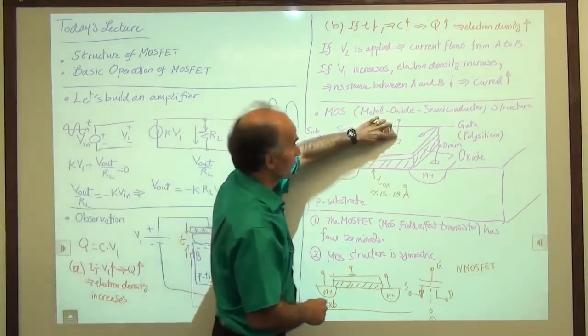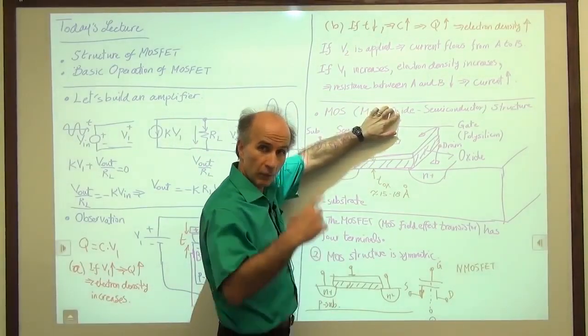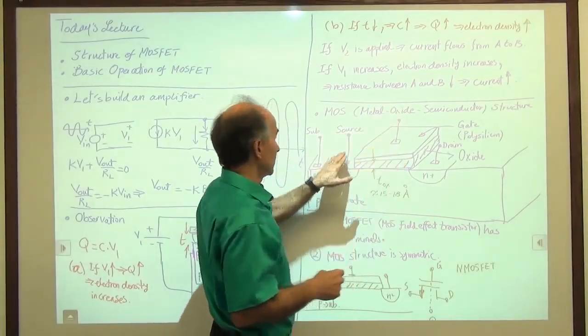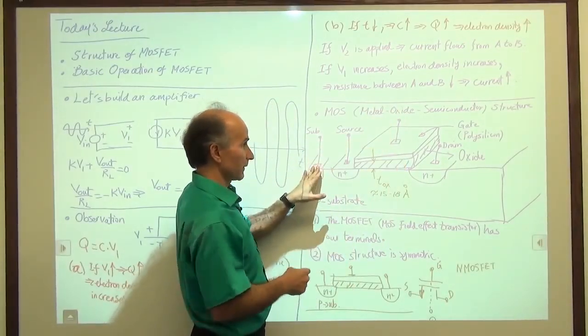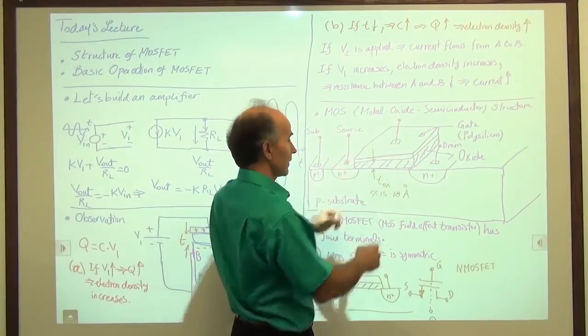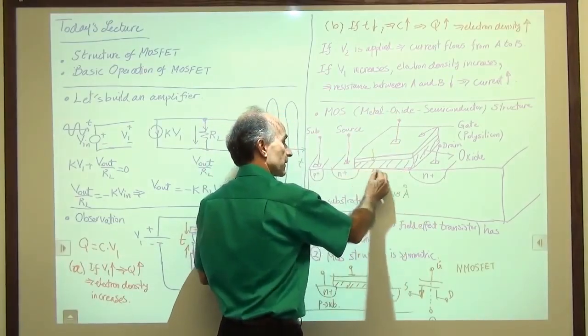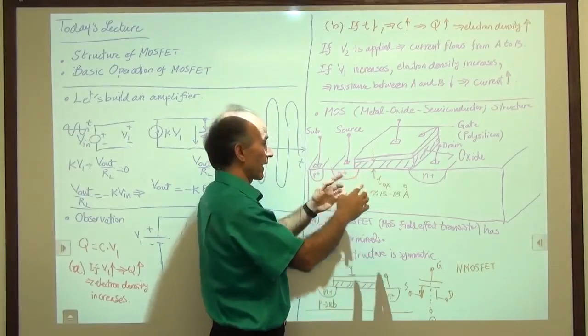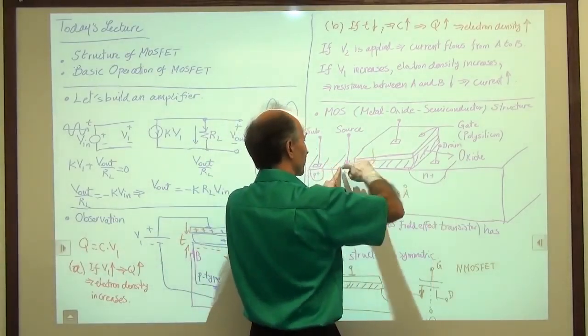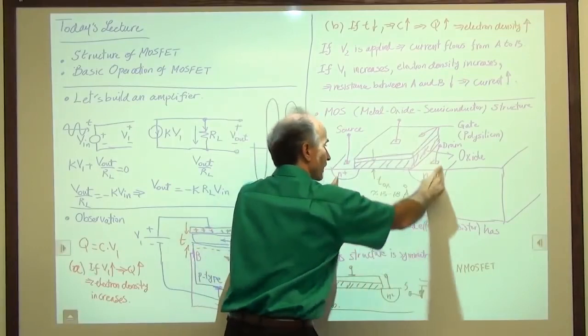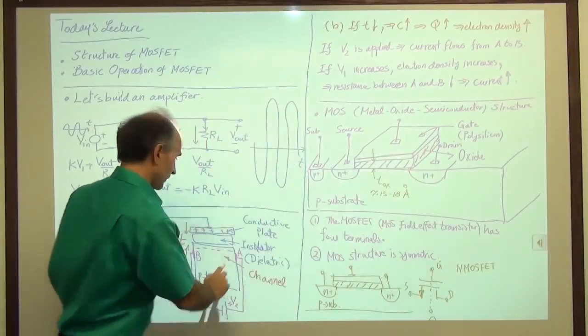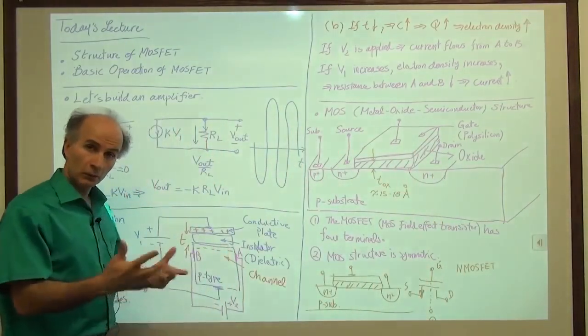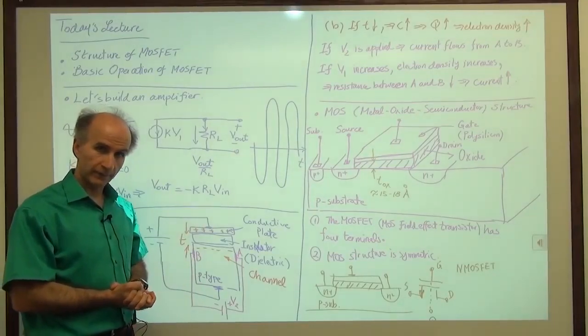So if there's a voltage source tied between here and, for example, the substrate, as this voltage goes up and down, we adjust the density of electrons here, meaning we reduce the resistance or we increase the resistance. And that means that the current that will flow through source and drain and the channel will be controlled by that voltage.